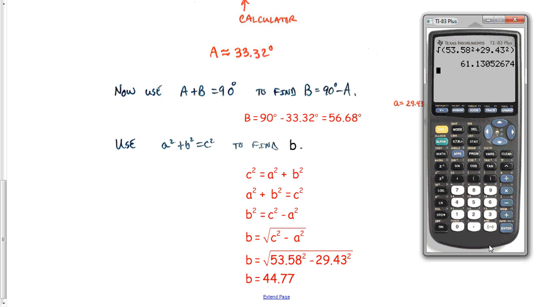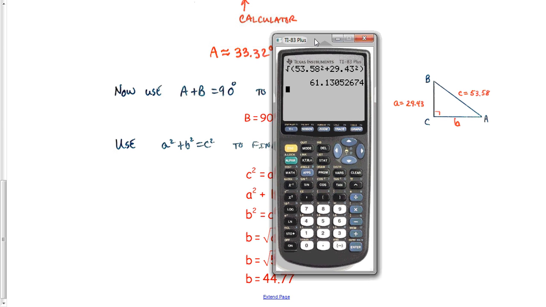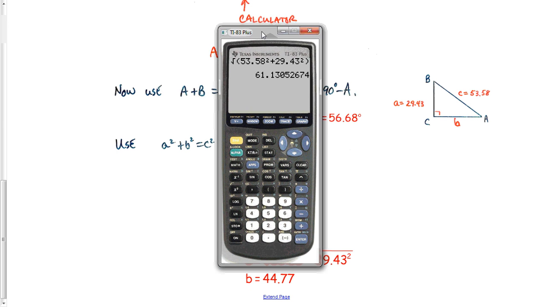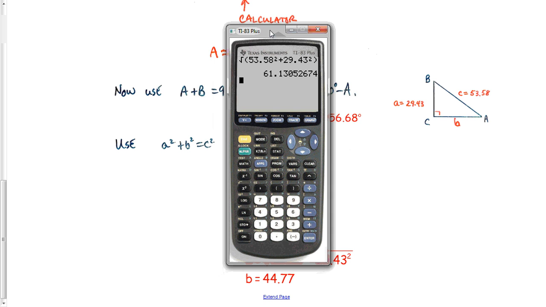I've made a mistake, haven't I? Let's see, what did I do? You see where I made my mistake? I put plus instead of minus. Remember, our formula had a minus. Now, this actually brings up an issue. And so let me point this out while we're here.